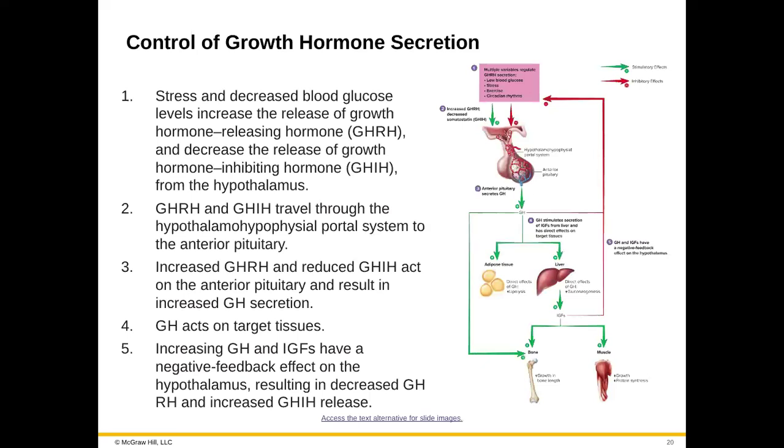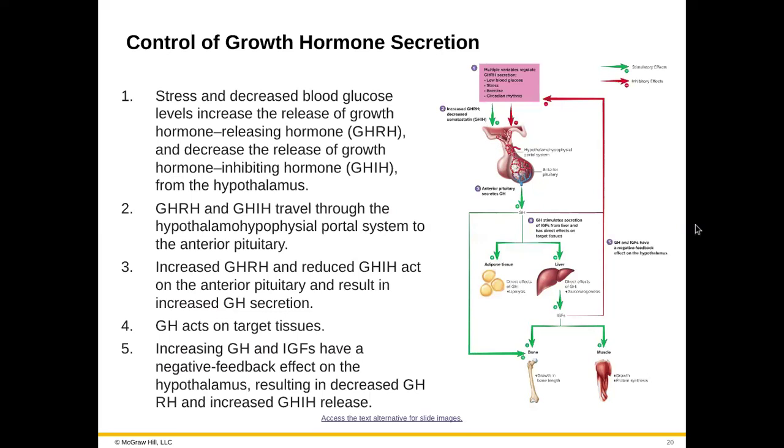So here's another little diagram to show how we control growth hormone secretion. It's a little small. For any stimulatory effect where we need to increase the amount of growth hormone, we will have growth hormone releasing hormone from the hypothalamus act on the anterior pituitary. Growth hormone will then be secreted out into the capillary beds.